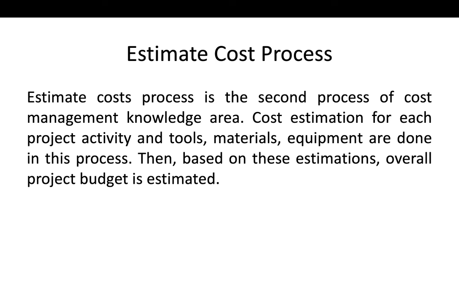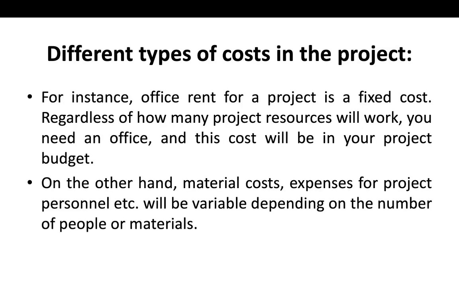Estimate: after the planning we will do the estimate for the materials, equipment and all the things, and from those we will determine the final budget of the project. And there are different types of costs, fixed cost and non-fixed cost.